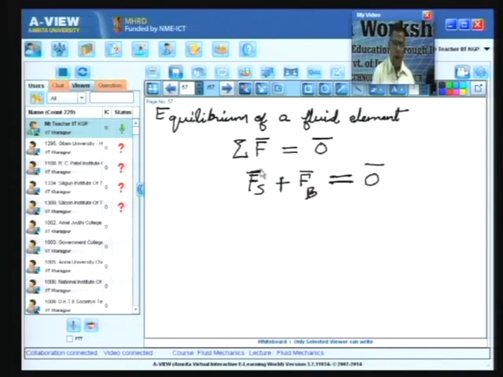So, we need to find an expression for the surface force on a fluid element. Let us go back and look at a rectangular element of fluid.